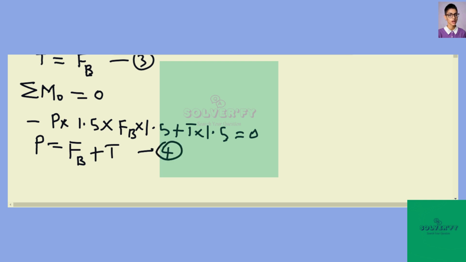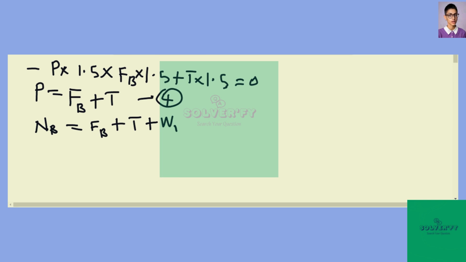Then you put equation 4 into 2, and you are going to arrive at NB equal to FB plus T plus W1. Of course, we know that FB is equal to mu NB.